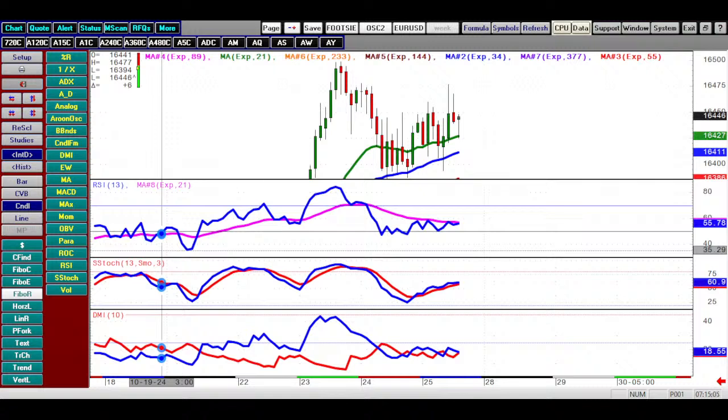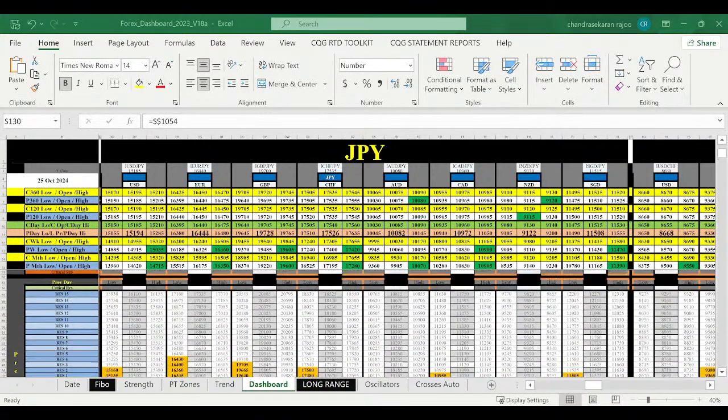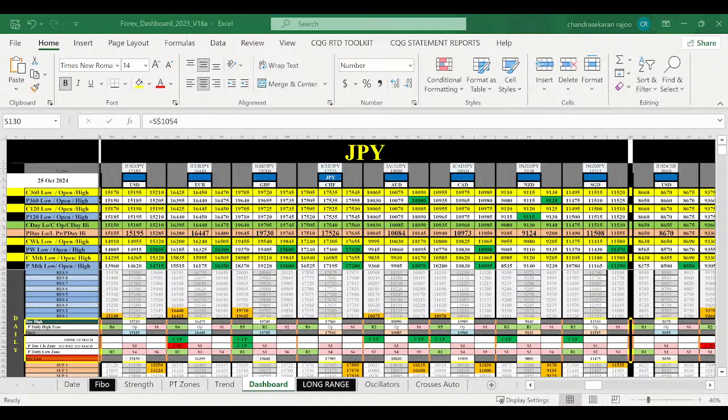Okay, let me get into the system. Okay, buy euro yen, buy at 164.20. Stop at 163.95, and TP at 164. If the dollar yen breaks the high, this one also should break.